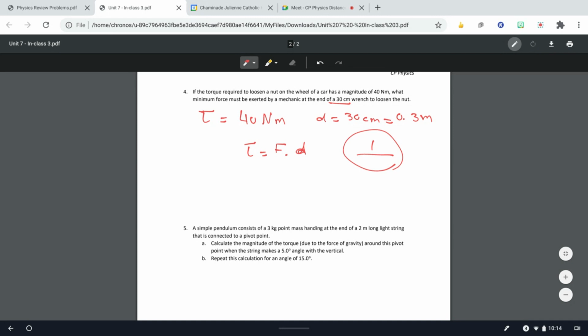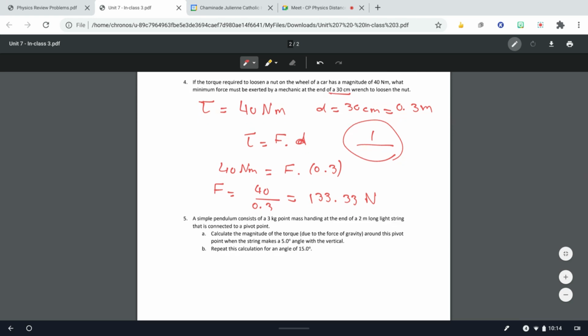Once you plug it into your formula, torque is the product of force times the distance, and remember the force must be perpendicular to the distance. This is the symbol for perpendicular. So you've got torque, which is 40 newton meters, equal to force times 0.3 meters. In other words, force is 40 divided by 0.3, and that's going to give you 133.33 newtons.